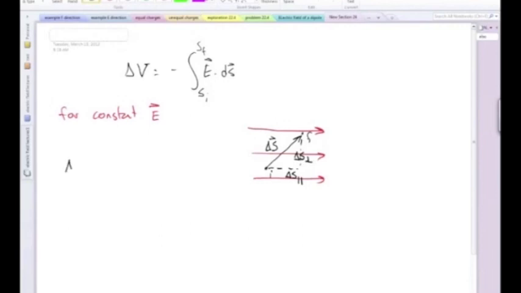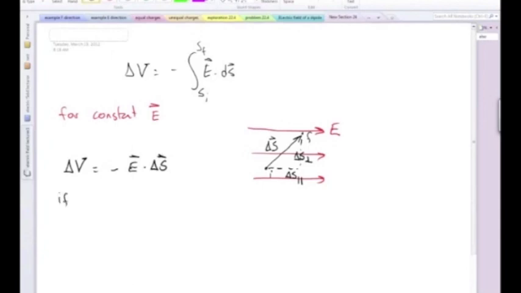So only the parallel component of the displacement makes a contribution. Now in the integral, we can pull out the electric field because it is a constant. We end up with a delta V that is equal to minus E times the integral of ds between Si and Sf, that is delta S, the vector that goes from the initial to the final point. So our delta V is simply minus E times delta S, dot product.